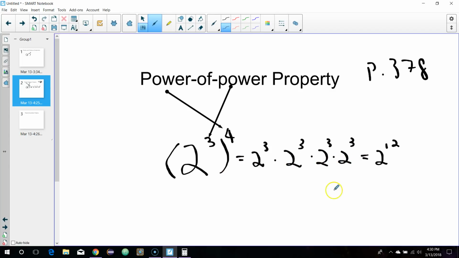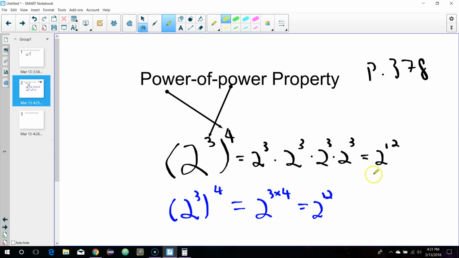If you have 2 to the power 3 to the power 4, what you do is multiply 3 by 4, so you get 2 to the power 12. So these 2 answers agree with each other.